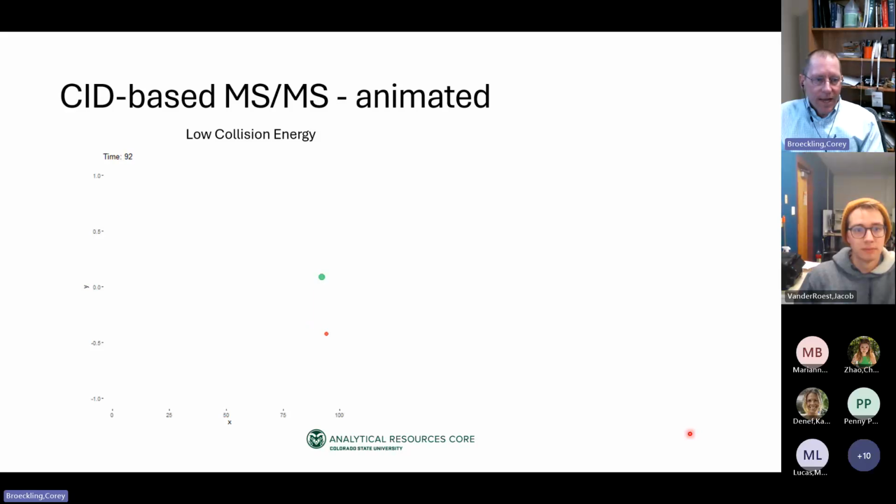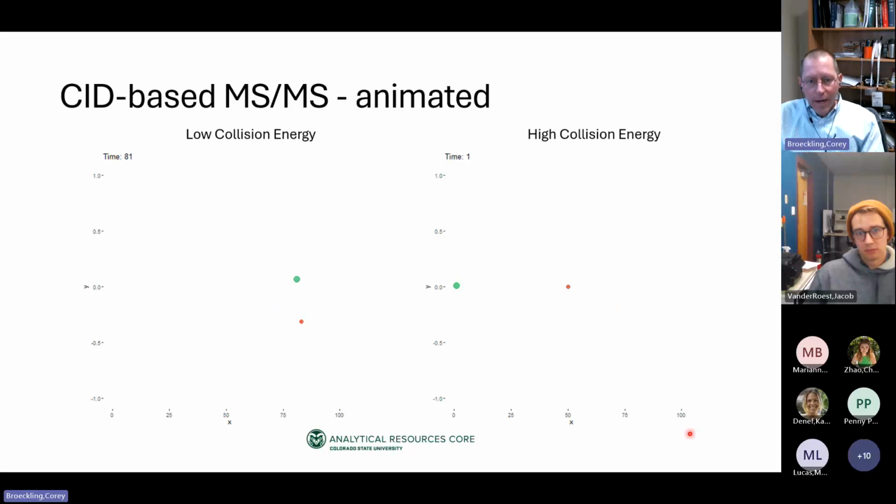We almost always actually have gas in the collision cell. So if we're doing an MS experiment, we have our green ion of interest going into the collision cell, colliding with, let's say, our red nitrogen molecule. It just continues on. It pushes the gas molecule out of the way and continues on down the path. It doesn't fragment. If, on the other hand, we accelerate that, we get that green ion flying faster. When it collides with the gas, it'll break up into two or more subgroups.